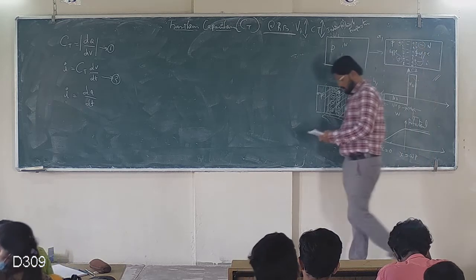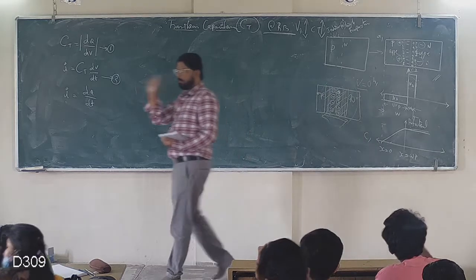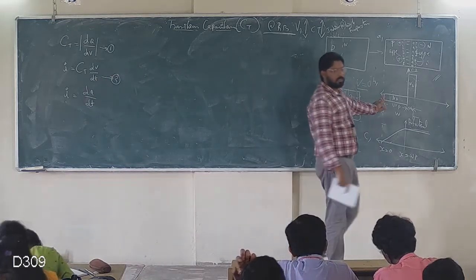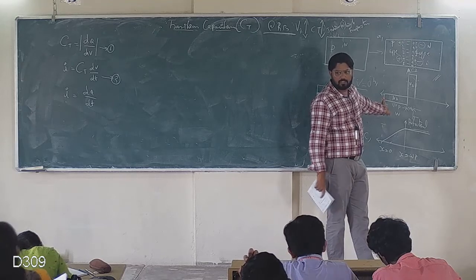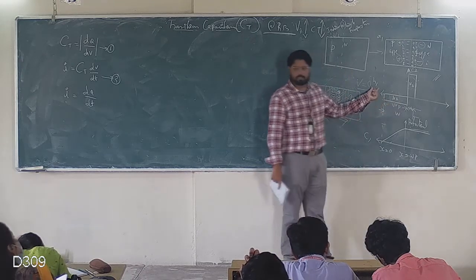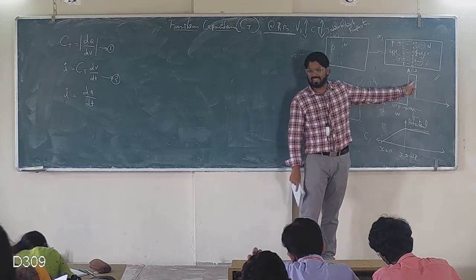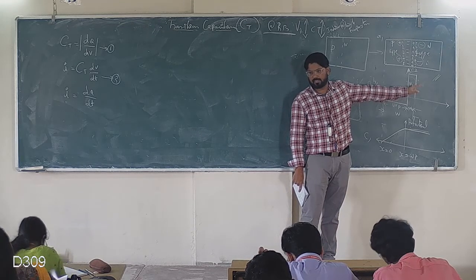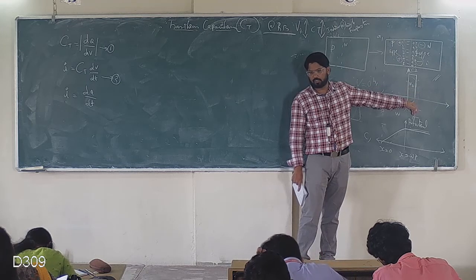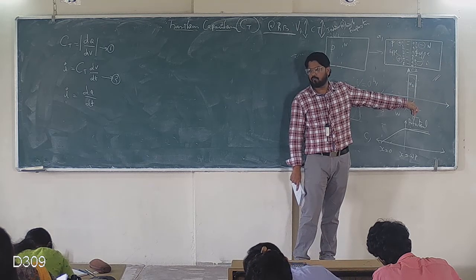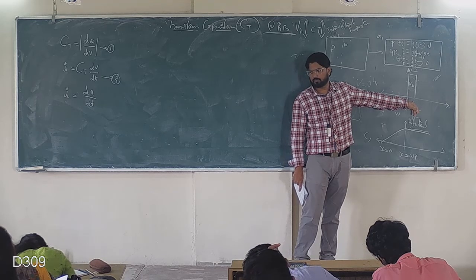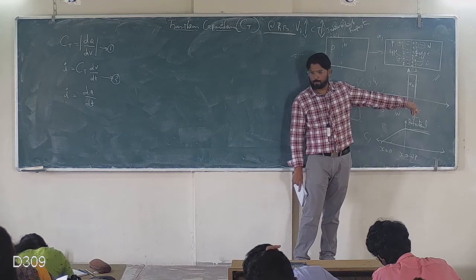Right. B, small b, shows the charge density distribution at the junction, the charge density at the junction of the alloy.